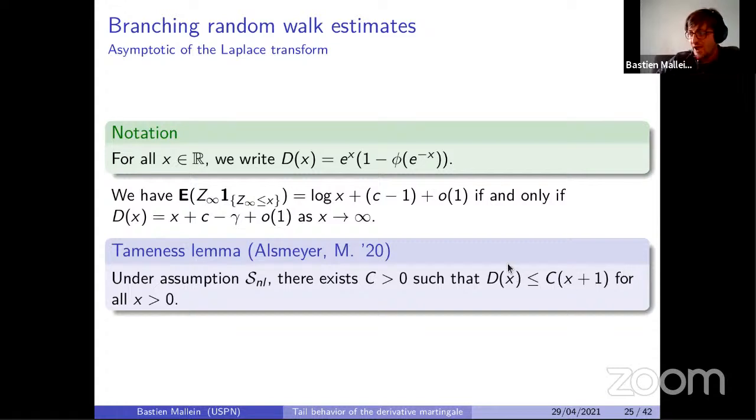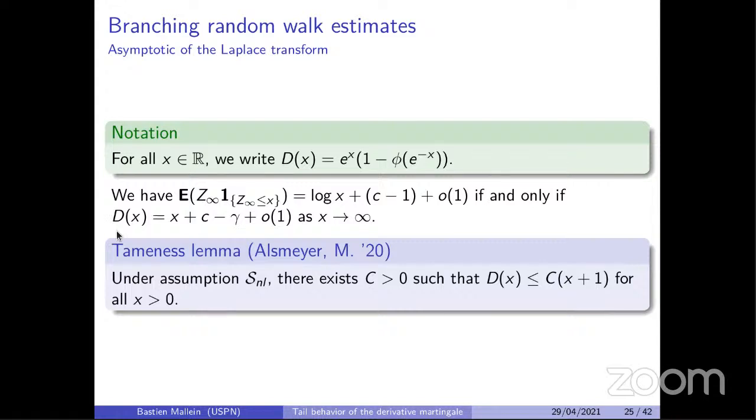So we have an a priori upper bound on the growth rate of the function D. And if I know that this growth rate is capped, then more or less the quantity D is characterized.